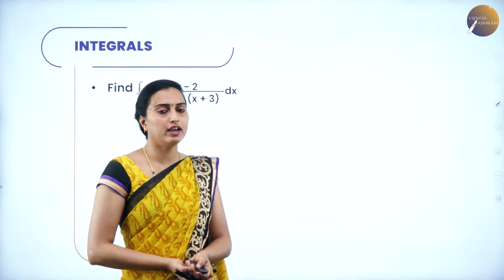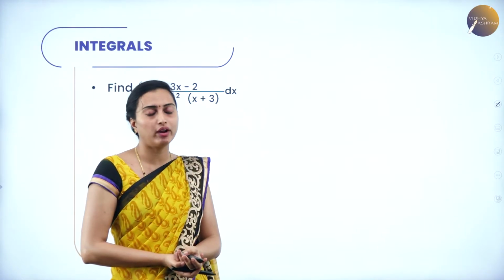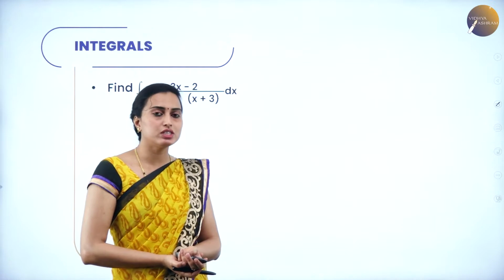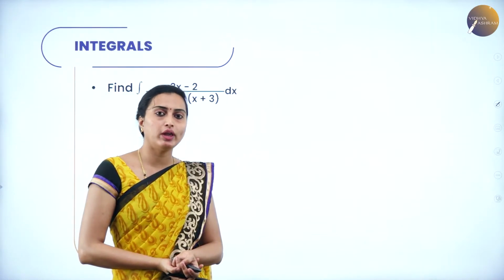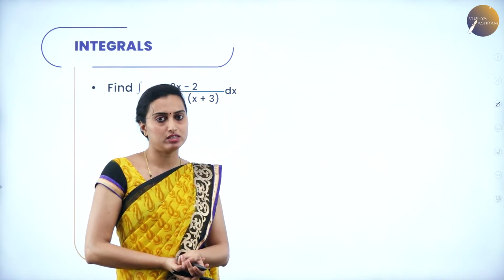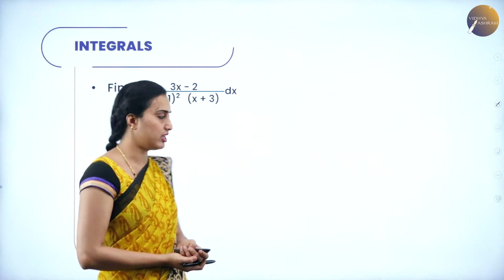What they have asked: find the integral of 3x minus 2 divided by x plus 1 whole squared into x plus 3. Now this is in the form of px plus q divided by x minus a into x minus b whole squared into dx, isn't it? Which can be reduced to partial fractions as follows.